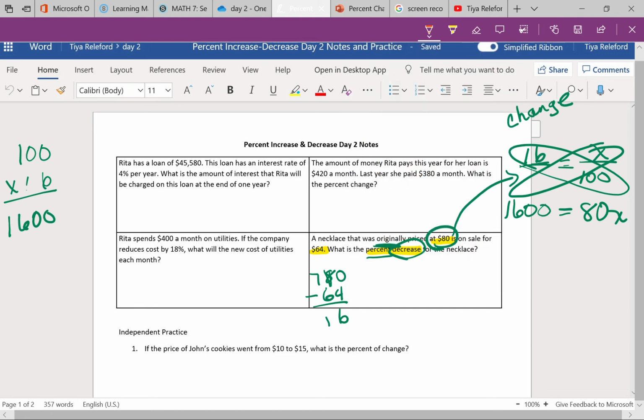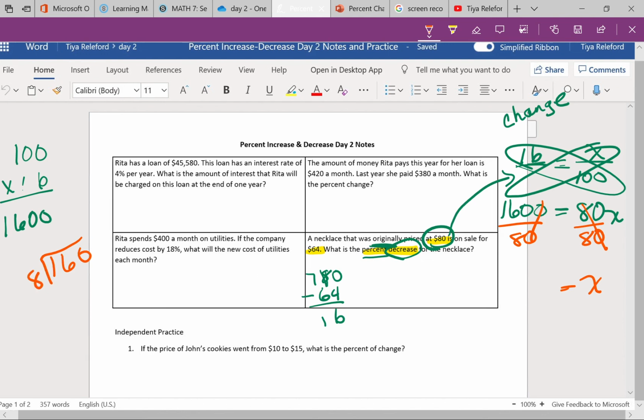Then you have an equation to solve, so you're dividing by 80. So you have x equals whatever 160 divided by 8 is. Careful not to quit too early.